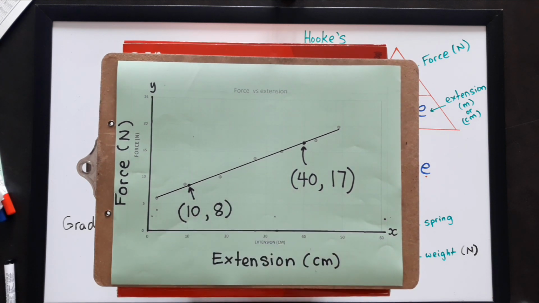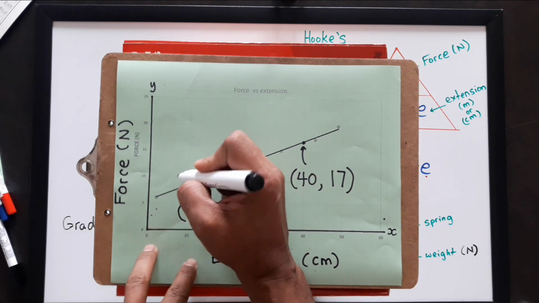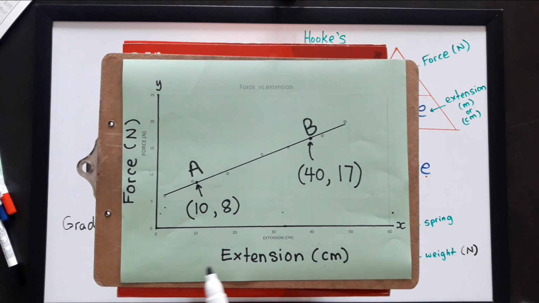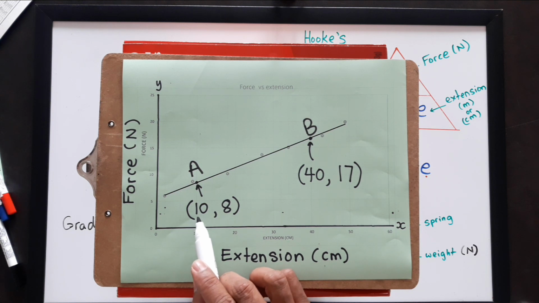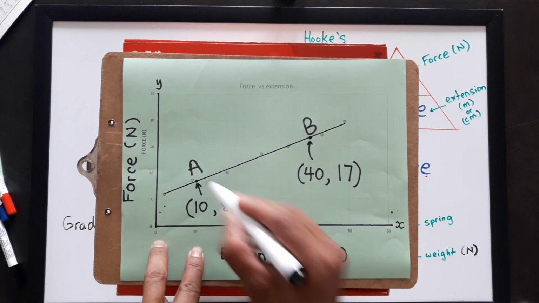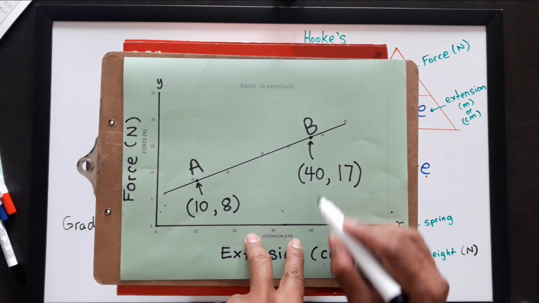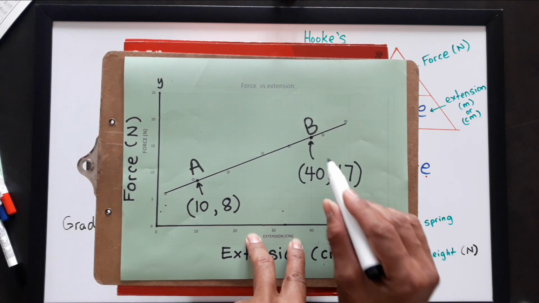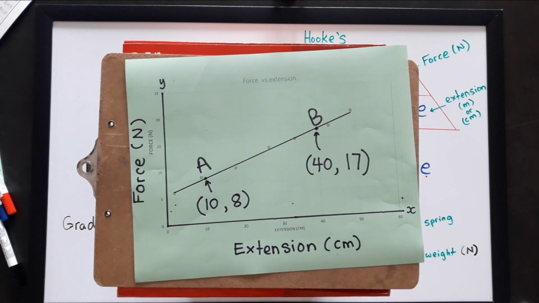So these are my 2 points. I'm going to call the first one A, and the second one B. And what I did, I estimated the values. So you can see that x here is 10, and the y value is approximately 8. For the B point, the x value is 40, and the y value is 17.